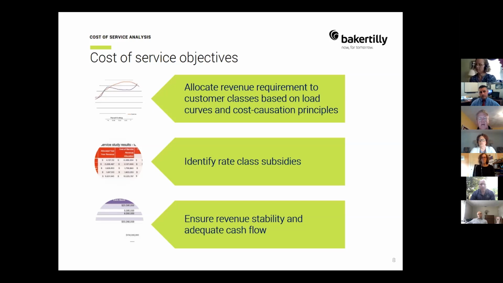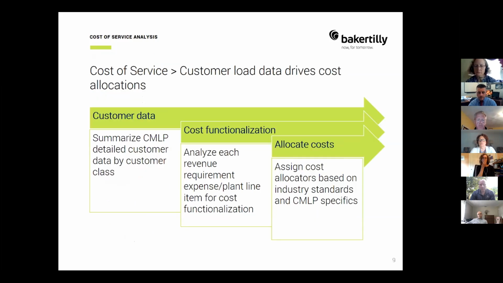And the idea is to eventually move or look at cost of service on a regular basis and try to move your customer classes to their cost of service over a period of time so that you can ensure revenue stability and adequate cash flow, and that you also avoid rate shock to your customer classes. In other words, you don't want rates that bounce around like this. You want a nice smooth progression of rates either up or down to move to that cost of service.